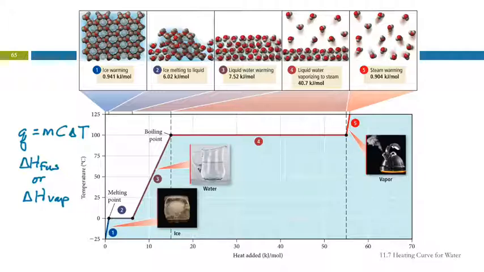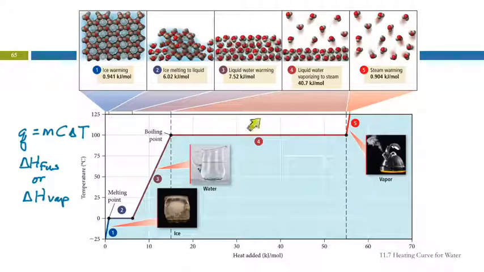Then we've got another temperature change part where you use Q equals MC delta T. Specific heat capacity for a substance in its liquid state is generally different than in its solid or gas state. So you have a different specific heat capacity. And then on this big horizontal place here, that's the heat of vaporization, again, times the amount of substance. And then, again, Q equals MC delta T over here.